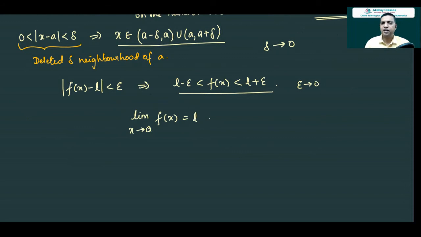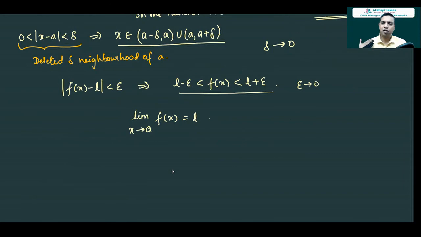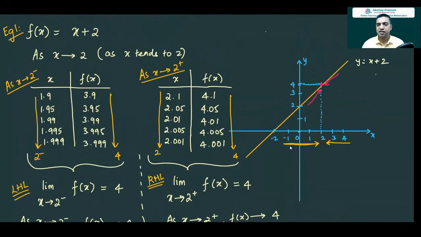Now, why does such a definition have to be given? Why such a complicated definition? Because our definition of limit should accommodate all types of functions. So for this function, it is very, very easy.